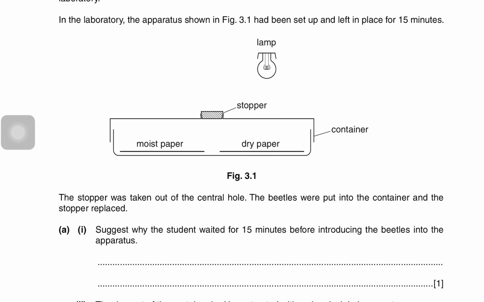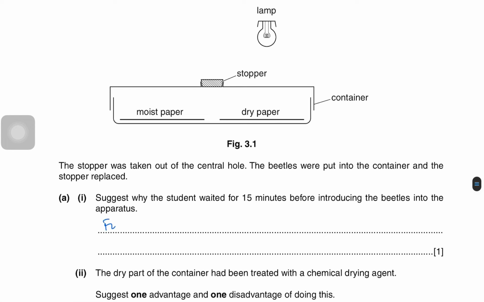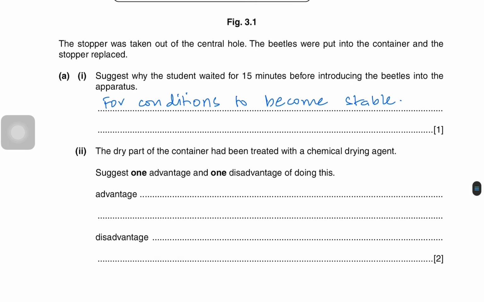The beetles were put into the container and the stopper replaced. Suggest why the student waited for 15 minutes before introducing the beetles. That is obviously for conditions to become stable, so that the heat and the light and everything is distributed equally.